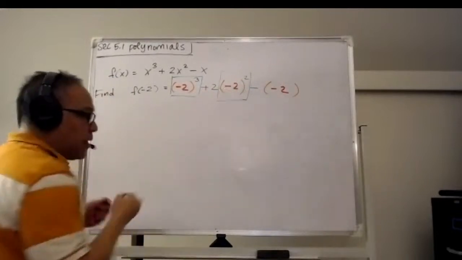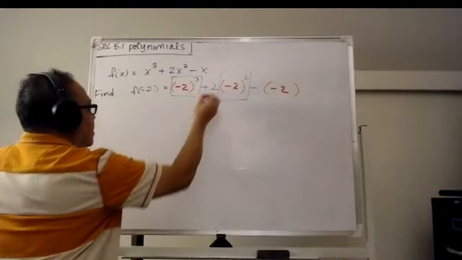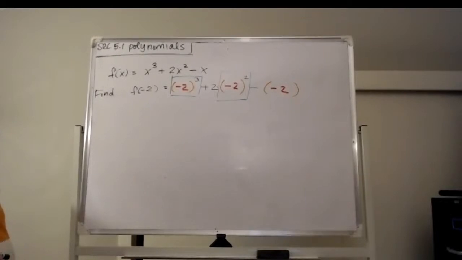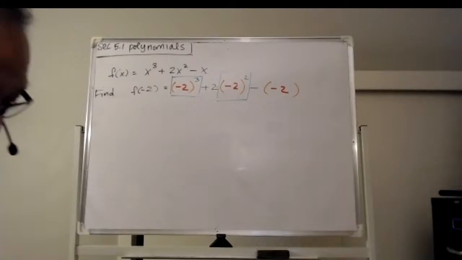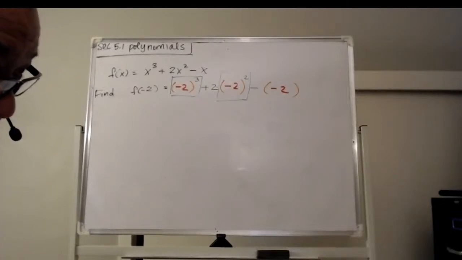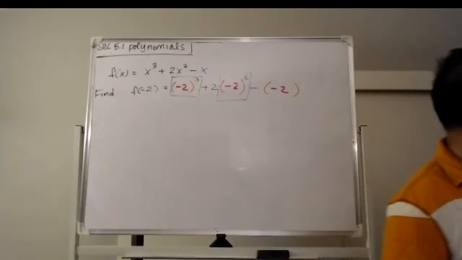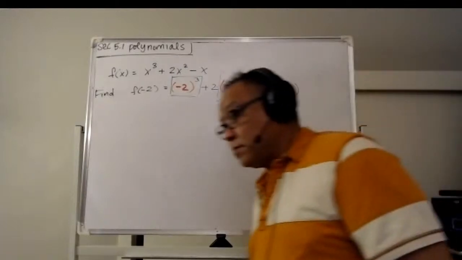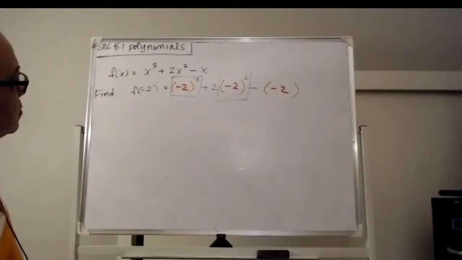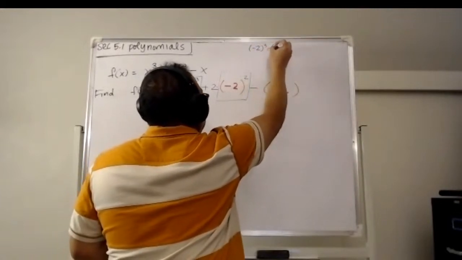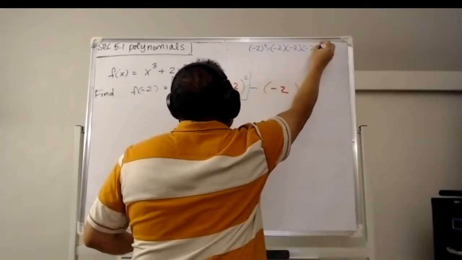Now between this 2 and that parentheses is nothing, so we assume that it's a multiplication. -2 cubed is equal to -2 times -2 times -2.